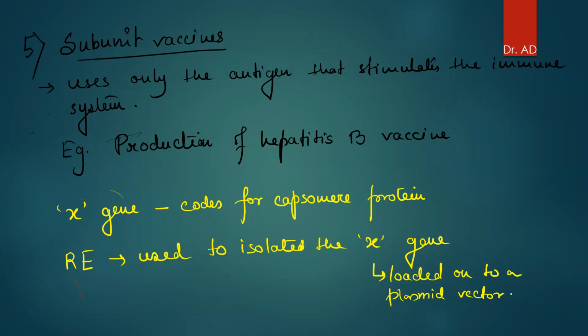The ligation process will not be possible. The vector is then inserted into the bacterial cell, which starts the expression of the X gene, and then what does it do? It produces the required protein. Fine.